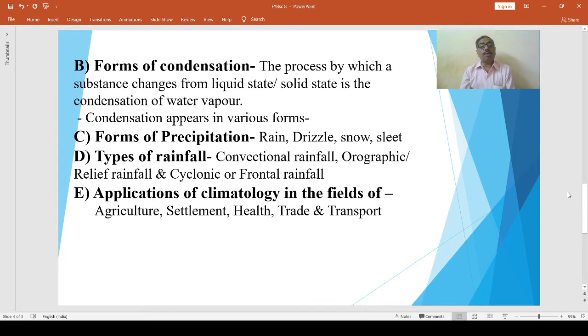When temperature of dew point is below 30 degree Fahrenheit, the moisture which condenses on solid object condenses as frost instead of dew. Then frost.